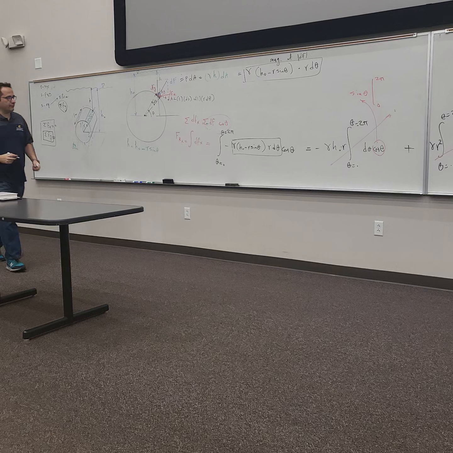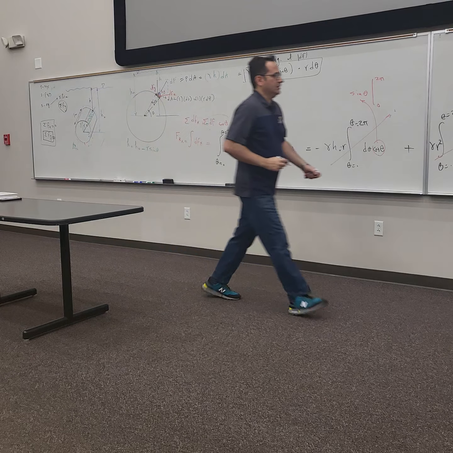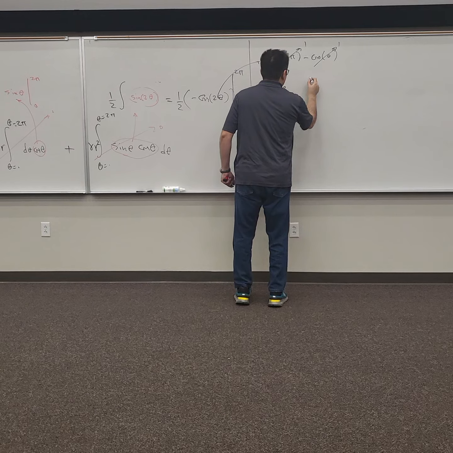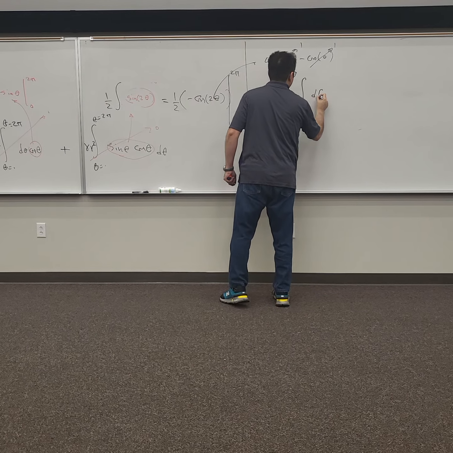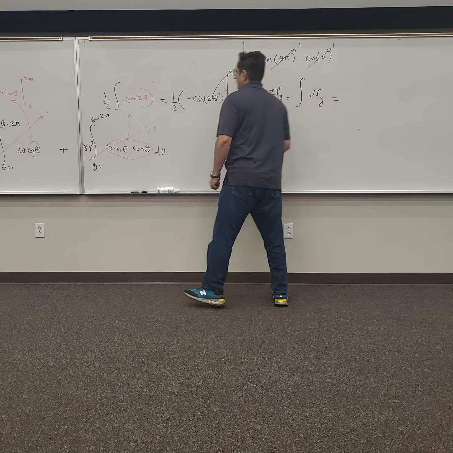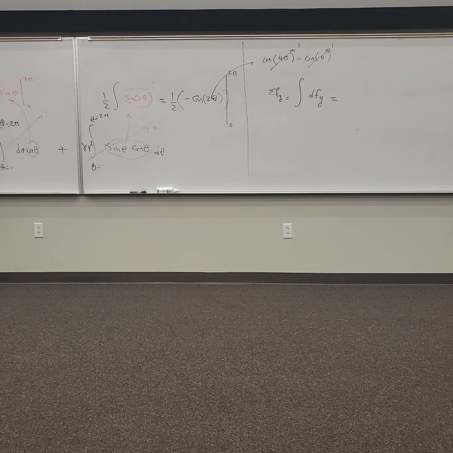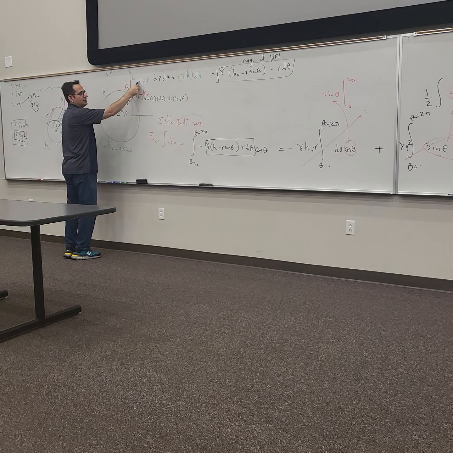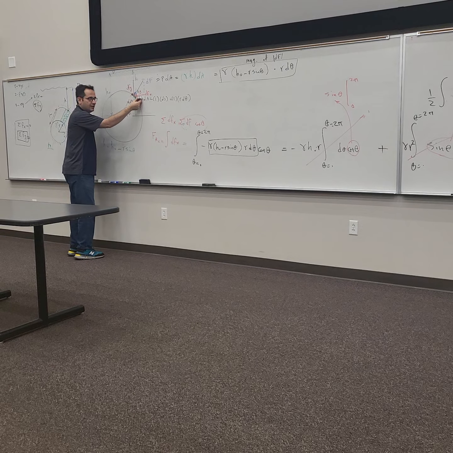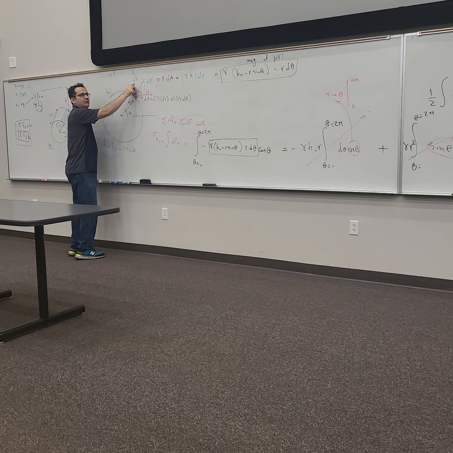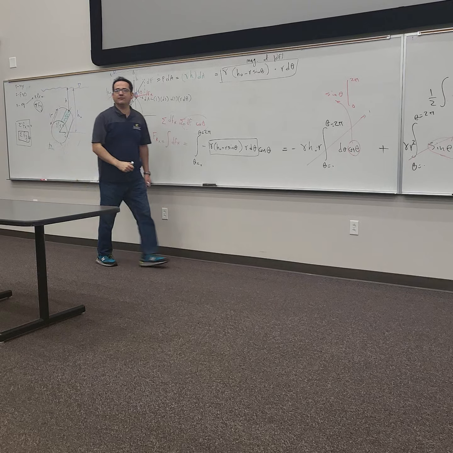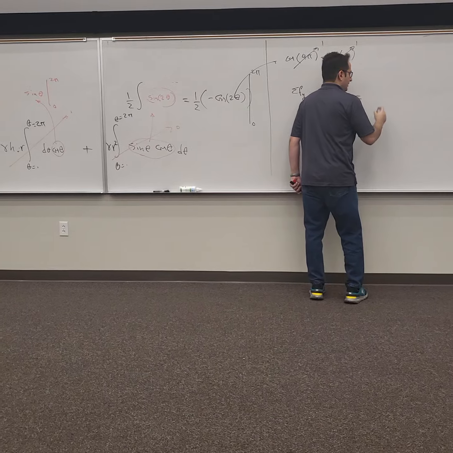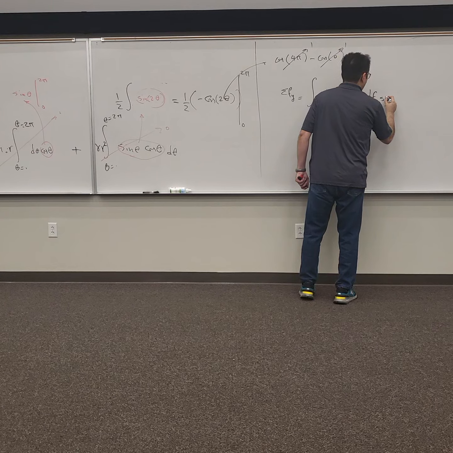Summation of force in y is simply the integral of dF but in the y direction. You see this force? We did the summation in x, so it was integral dF cosine theta. So I say dF y. What should I put for dF y? dF times sine theta.